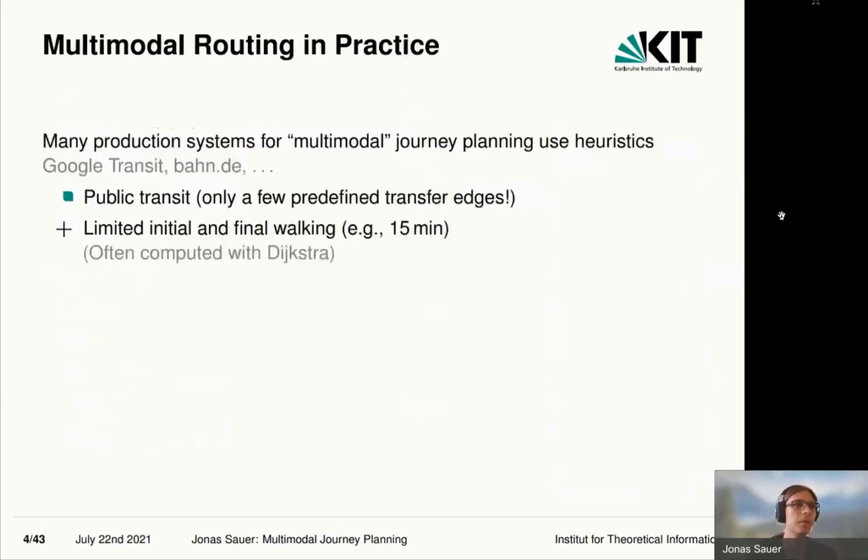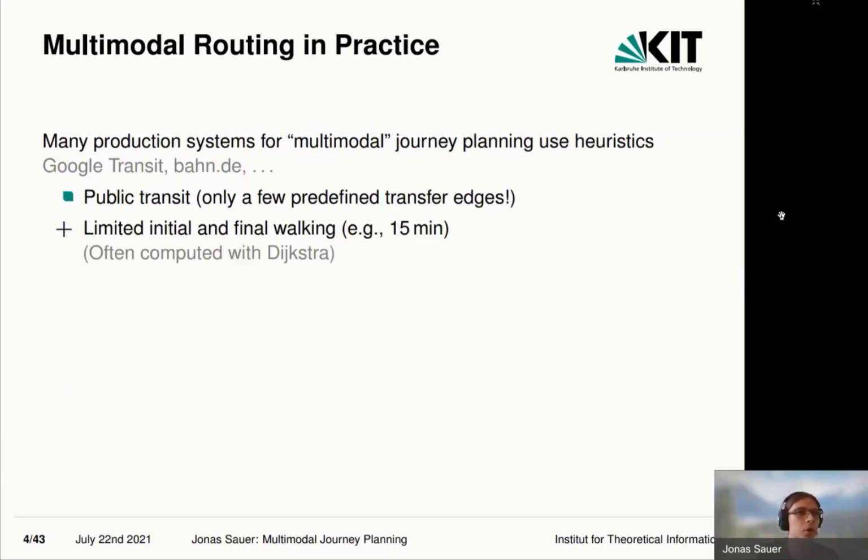solutions. So let's look at what is done in practice. Most production systems that claim to support multimodal journey planning in fact use heuristics, and that includes Google Transit or Deutsche Bahn.